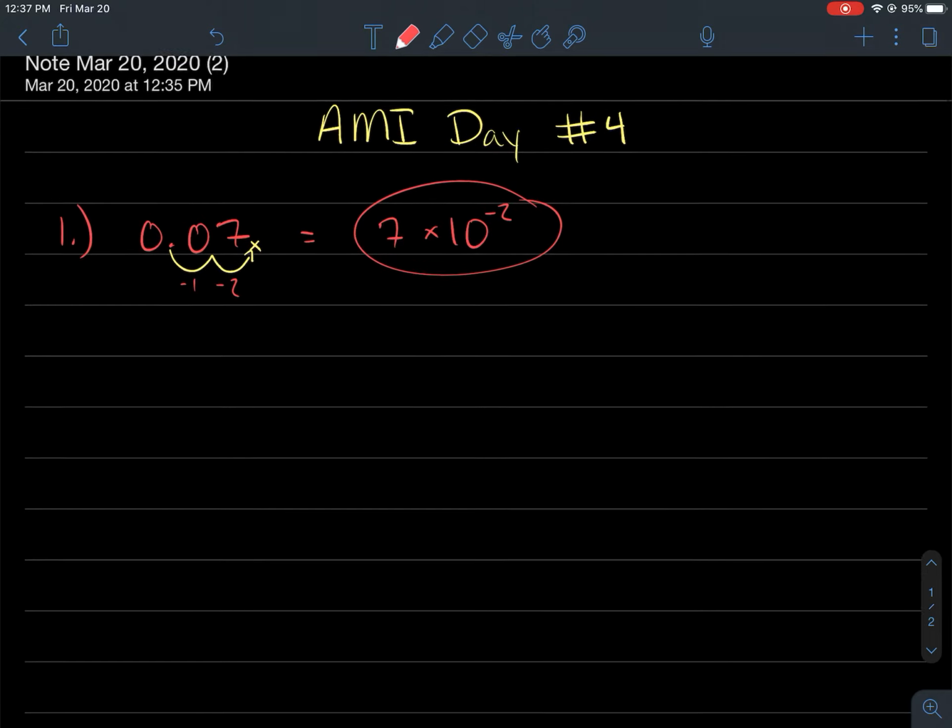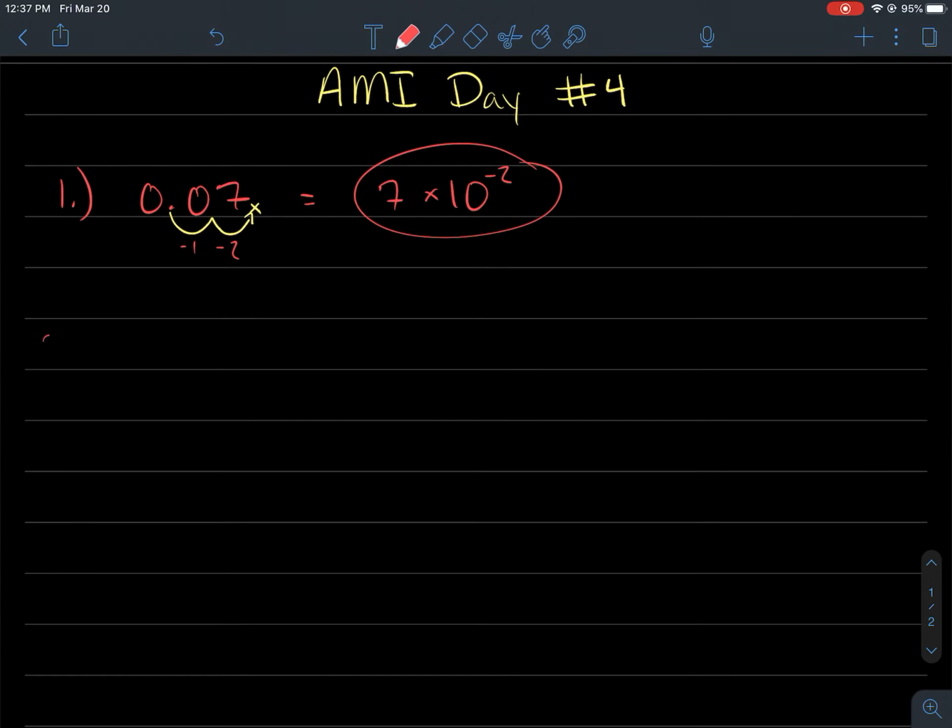All right, so number 2. Number 2 says divide. So we have 4.8 times 10 to the power of 10 divided by 2 times 10 to the power of 2.